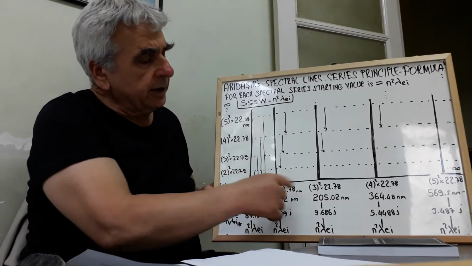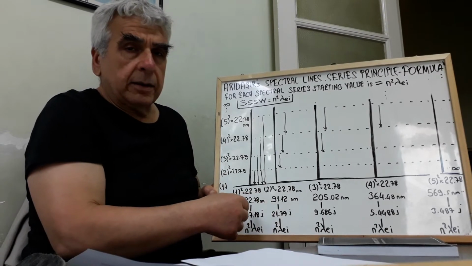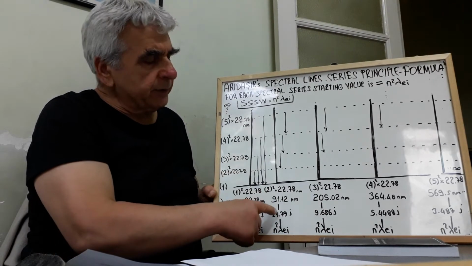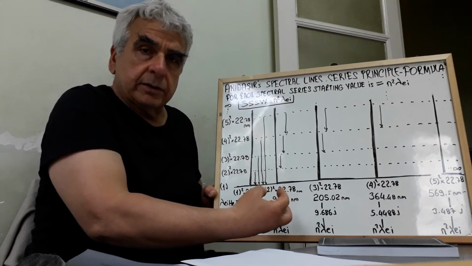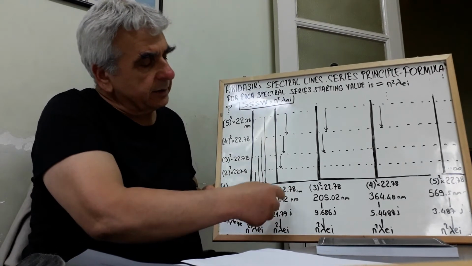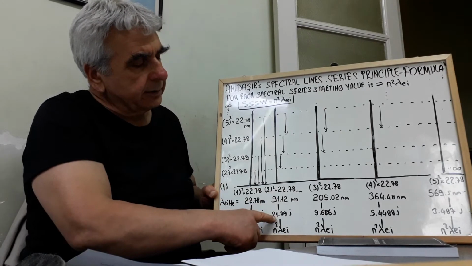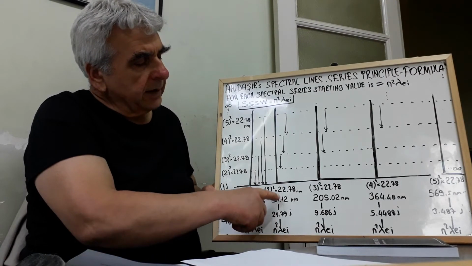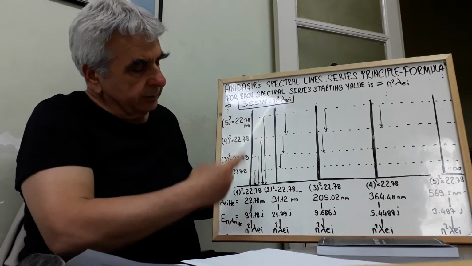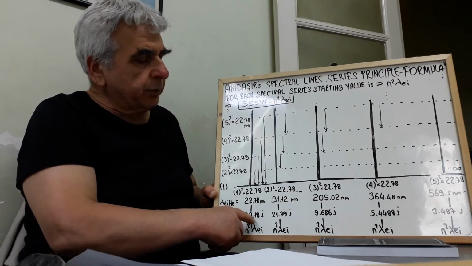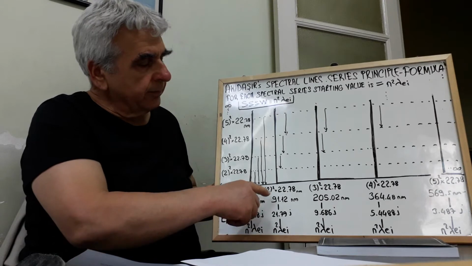Okay, and each one corresponds to their energy. For each, it's themselves. This value's energy sample is 87.18 joule.